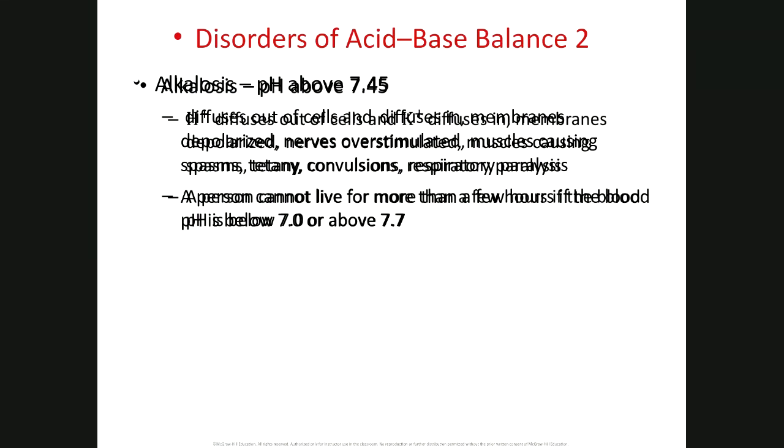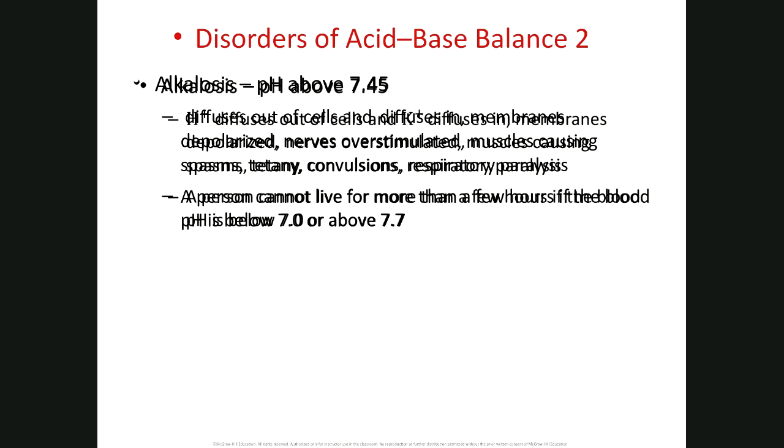Overstimulation because a pH of 7.45 will lead to alkalinity, right? And if there's too much alkaline, that can lead to convulsions, paralysis, and tetany. And this is again the pH of the blood, where if you reach 7.45 and above, you become more alkalotic.